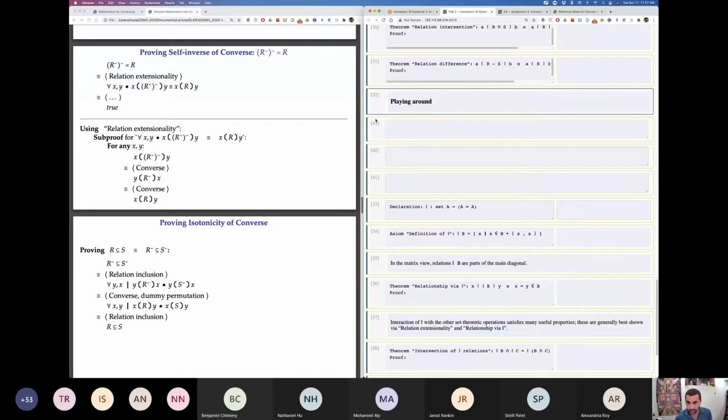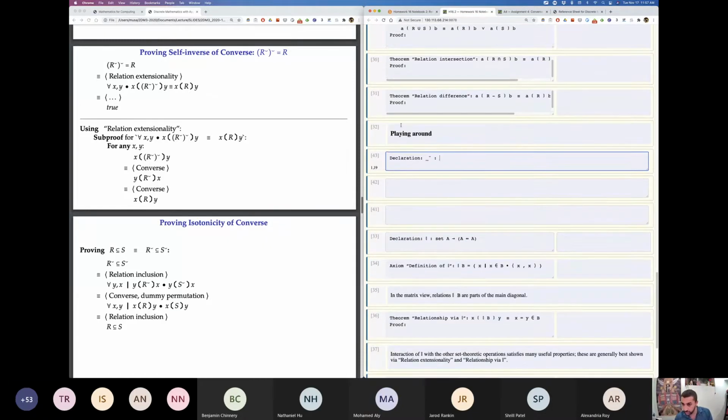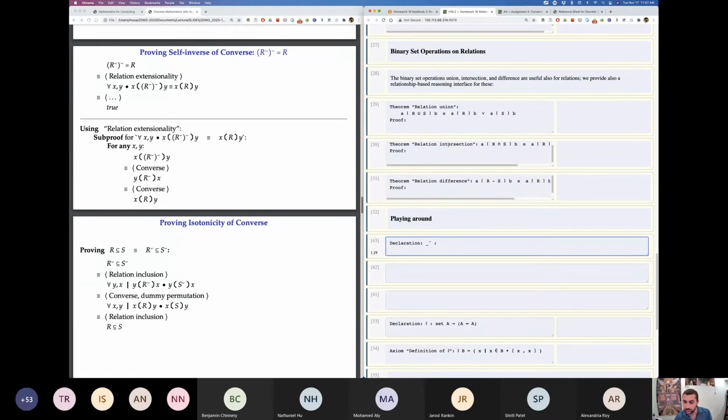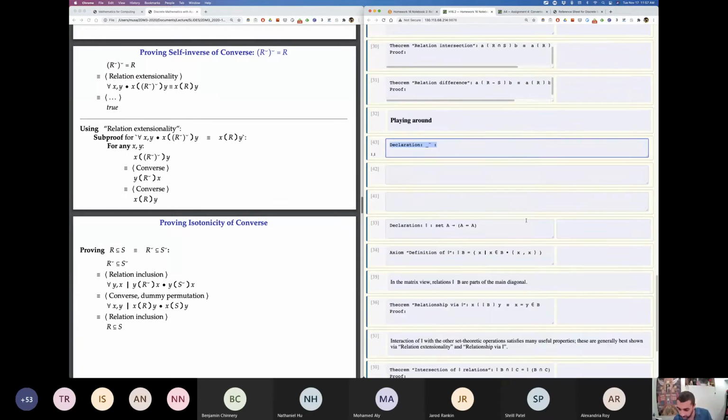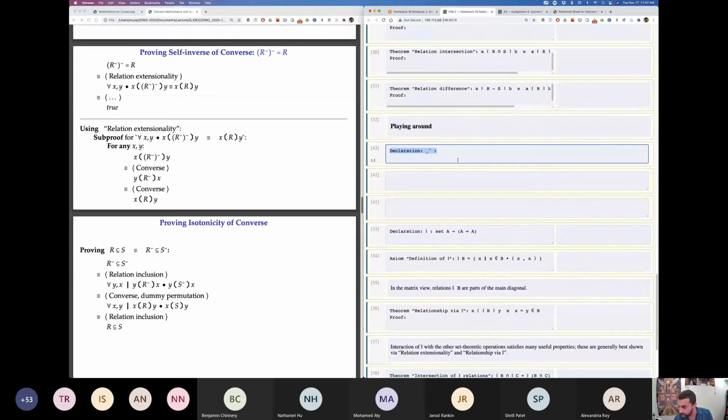So let's introduce converse. Declaration: converse. Do we have the other declarations here? Maybe let me open up a different notebook. I'd rather not do full declarations here. All right, more people want to do an example. All right, let's just do an example.